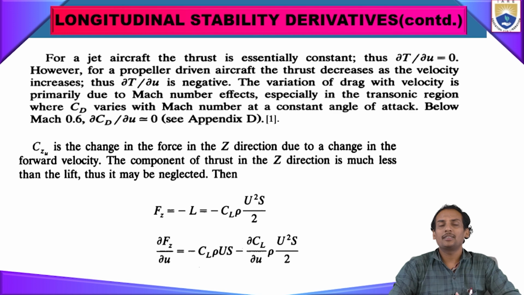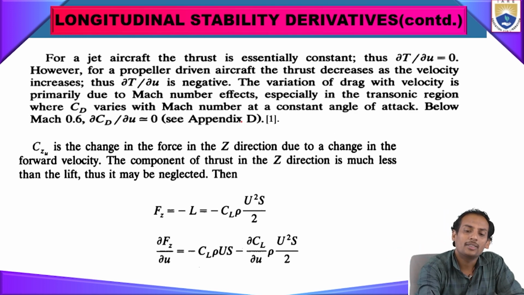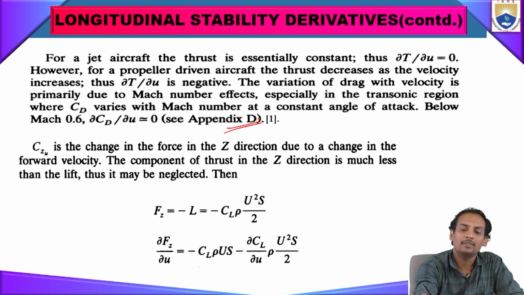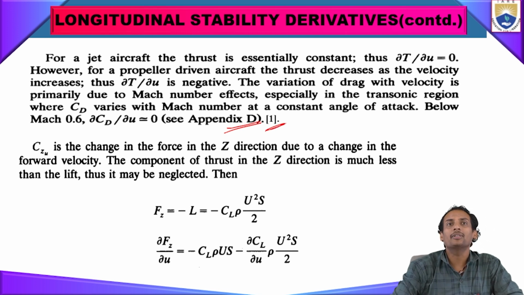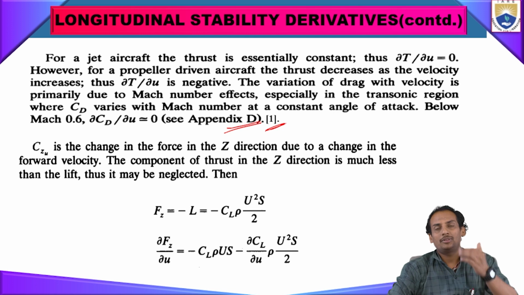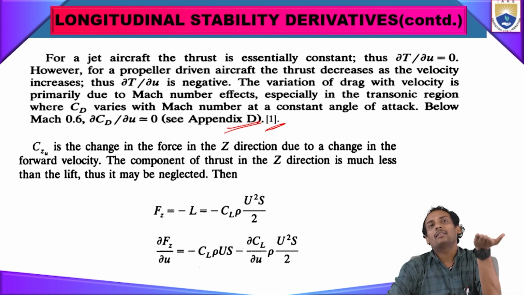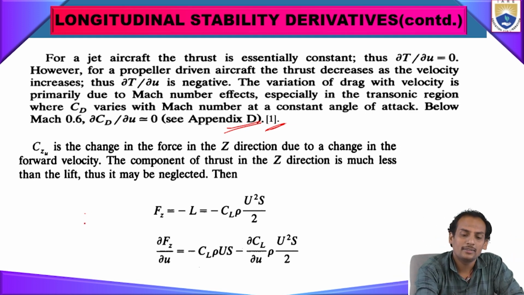Especially in the transonic region, CD varies with the Mach number at a constant angle of attack. Below 0.6, ∂CD/∂u is almost equal to 0. You can see the details in Appendix D of reference textbook one. Then we have the constant stability derivative with respect to x, which is CXα.